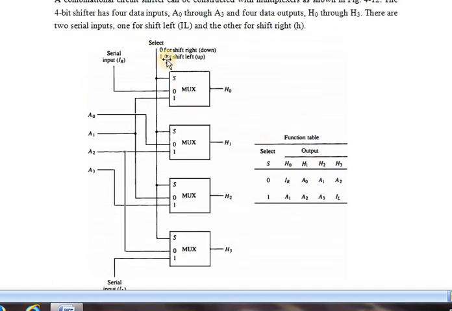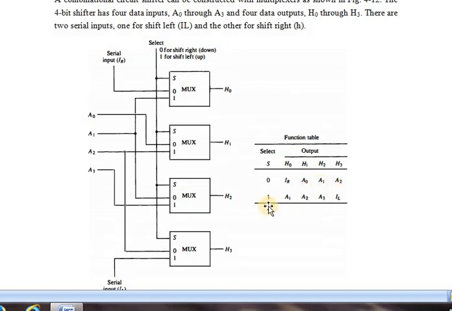If you are using S as 0, H0 will be the serial input IR, and it is going to perform shift right: H1 will be A0, H2 will be A1.